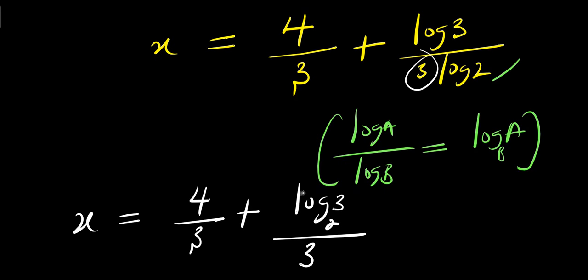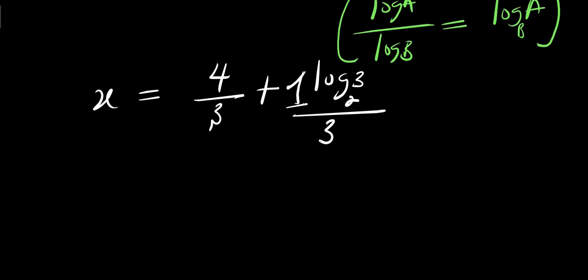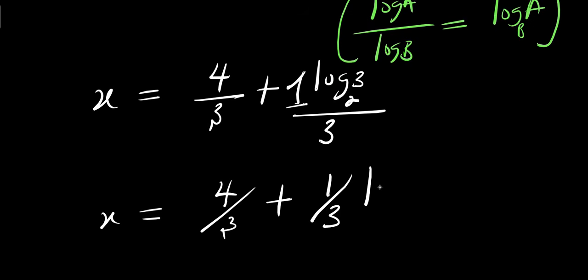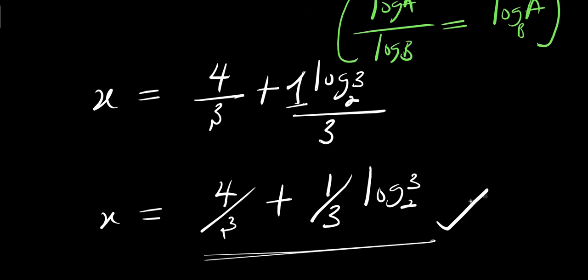Now we can easily factor out the 1 over 3. That means we can have our answer as x equals 4 divided by 3 plus 1 over 3 times log 3 to the base of 2. So this becomes our answer.